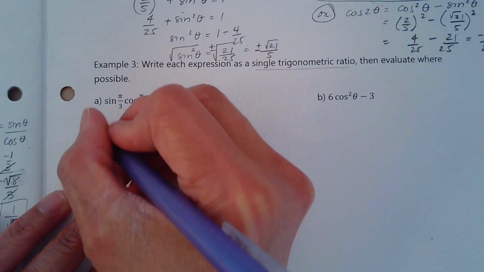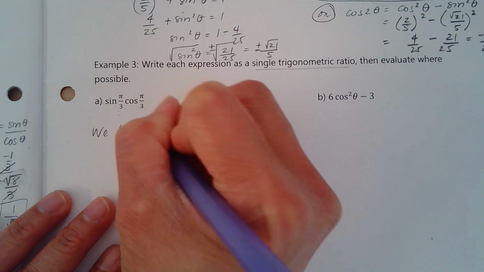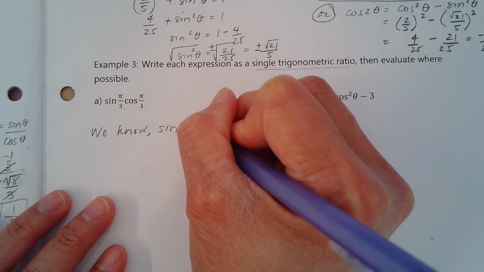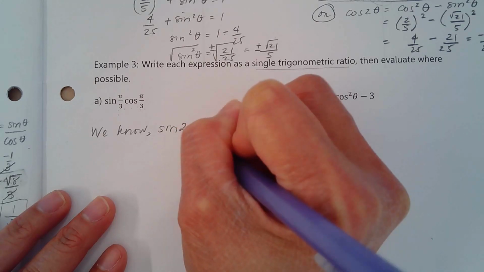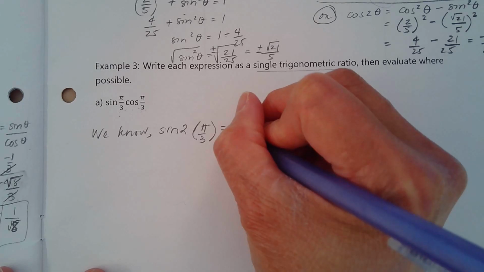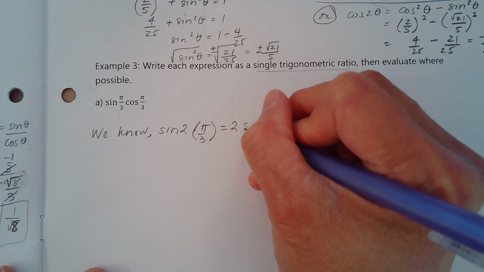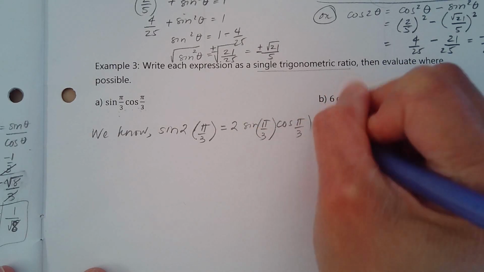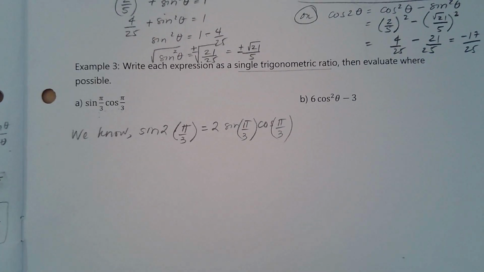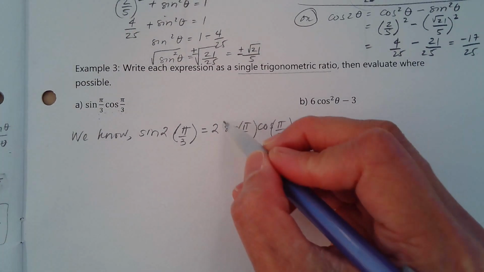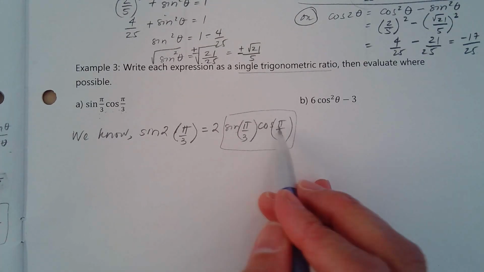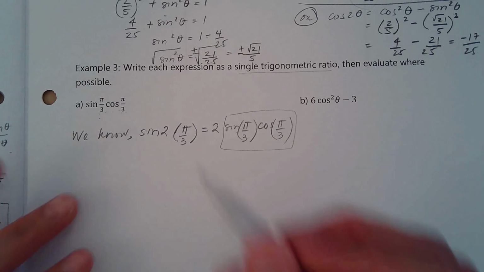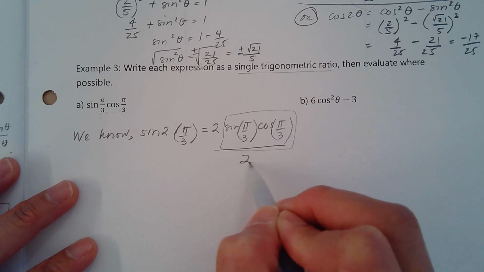So I'll write it down here. We know sine 2 times pi over 3 is equal to 2 times sine pi over 3 times cos pi over 3. So this is the one that we have, and that's 2 different trigonometric ratios, sine and cos. So if we were to just write it as one trigonometric ratio, you can see that we can divide both sides by 2.